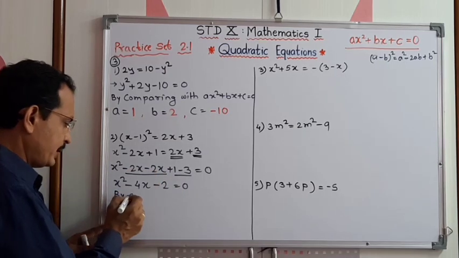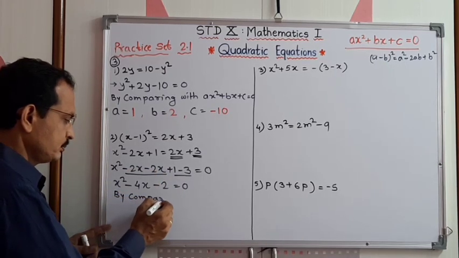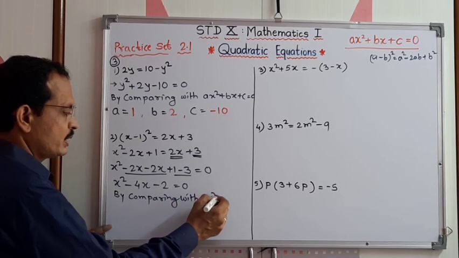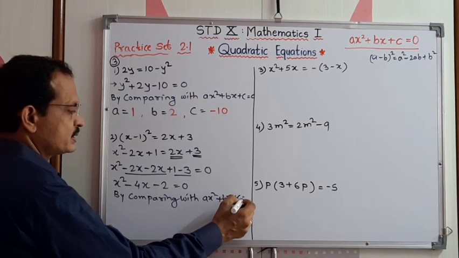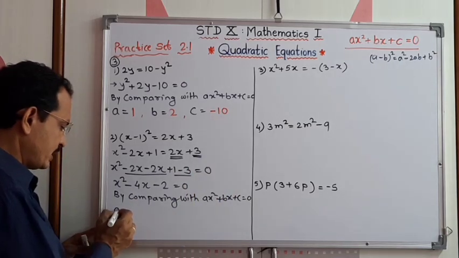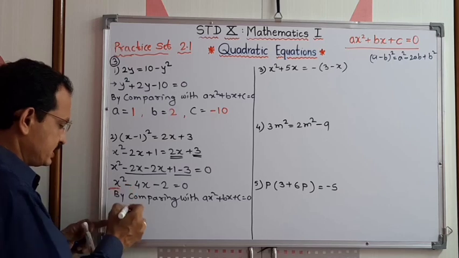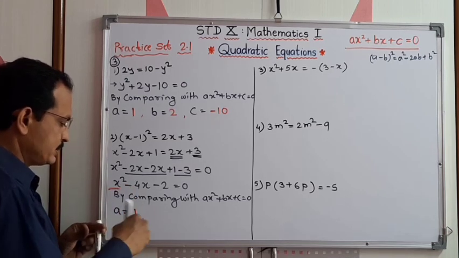Now by comparing with ax square plus bx plus c equal to 0, we get here a is equal to 1, what is b?